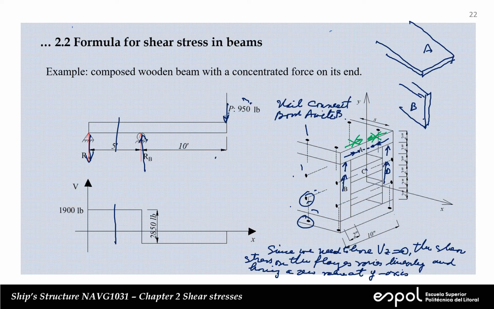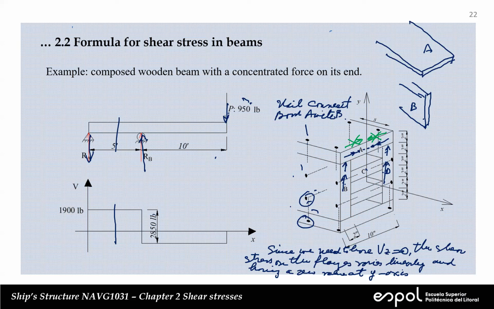Okay, and this is going to be equal to that one. This is going to be like that one. But from each one of the webs, you will have the contribution pointing upward. And then it bends. And the only way you have continuity is having, on the symmetry line, both distributions equal to zero. So you go up, start reducing, zero, and then you start decreasing, but in the opposite direction.